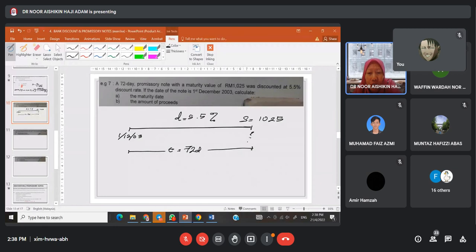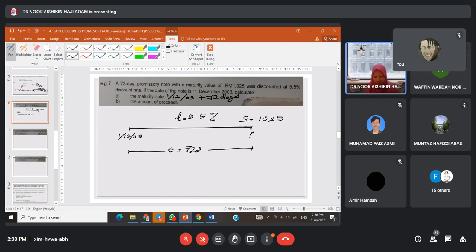So maturity date. Macam mana nak dapatkan maturity date? You go 1st December plus 72 days lah kan? Betul tak? Yeah, so 1st December of 2003 plus 72 days. That will give you the maturity date.